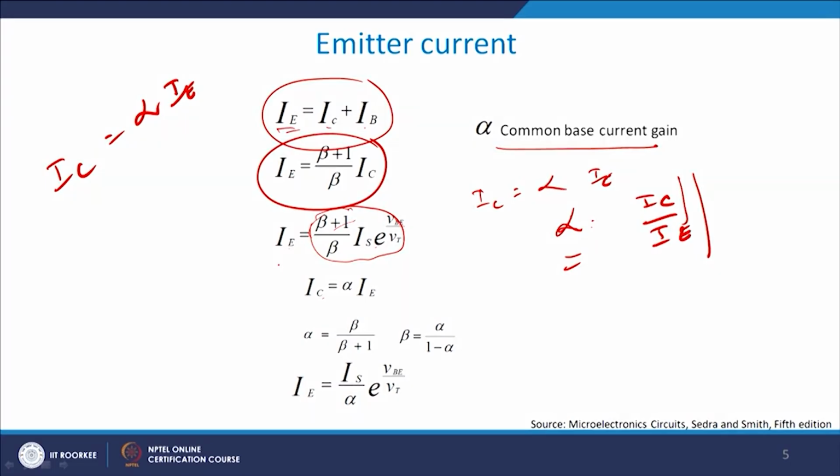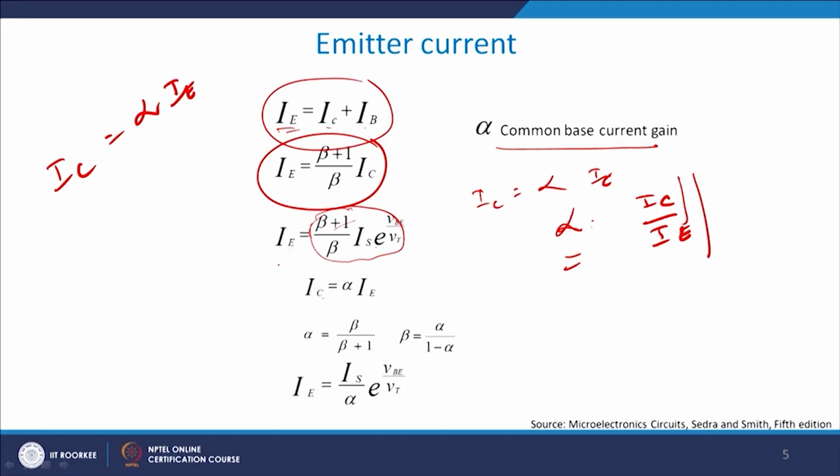So, alpha will be very close to 1, and if it is 1 then IC will be equal to IE. In that case we are assuming that all the charge carriers which were originating from the emitter side will actually terminate on the collector side, and therefore IC is written as alpha times IE.